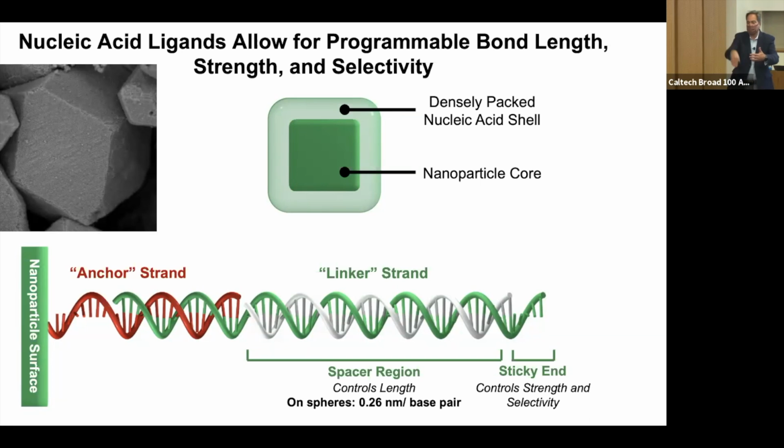The system never falls into the thermodynamic sink, which is the crystal. But if you make these relatively short, for example, 4 bases long, you now have a strong enough interaction to bring the particles together, but a weak enough one to allow the system to equilibrate under the conditions of the experiment. And that allows the DNA to do its work and to begin to place the particles where they need to go.